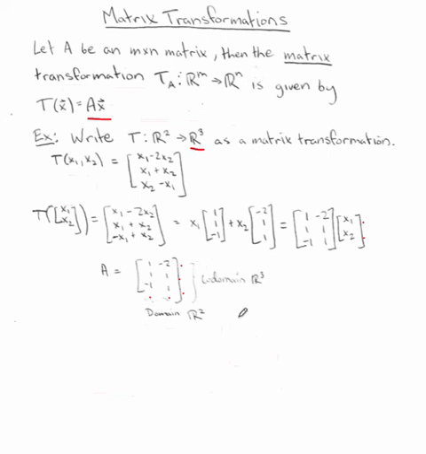Okay, if I say something like find the image T of u, if I give you that u is (1, 5), essentially this is just a very basic multiplication problem. u is (1, 5), that goes here, and then I perform the calculation.